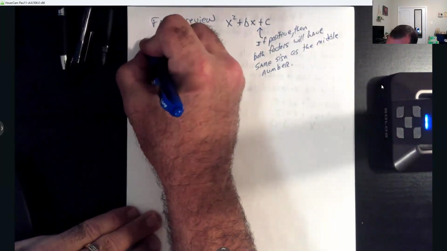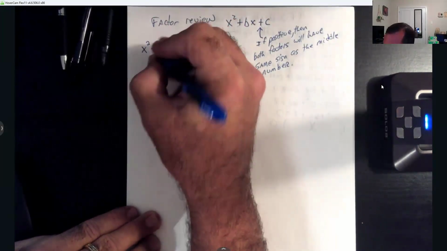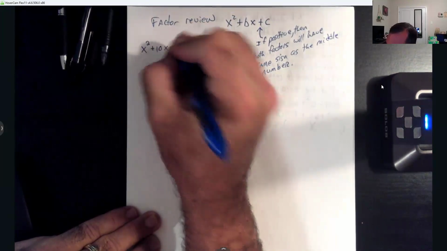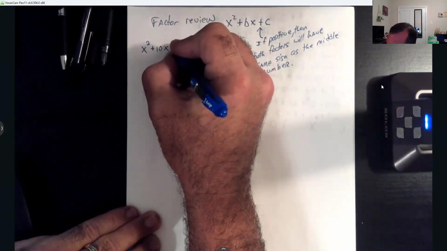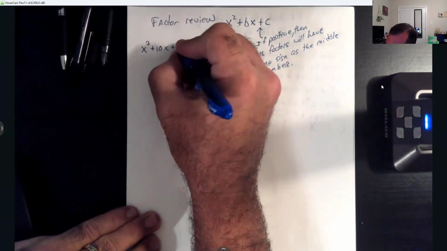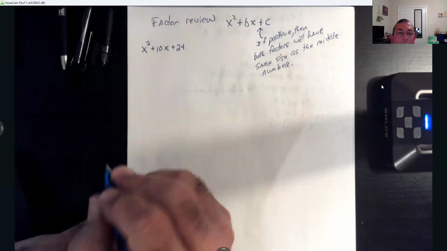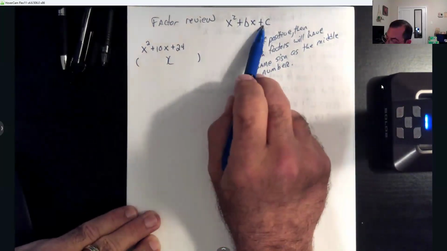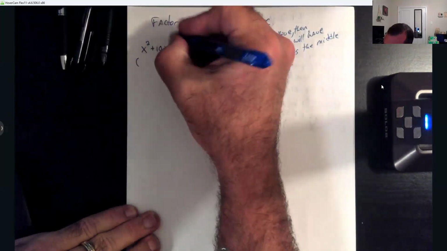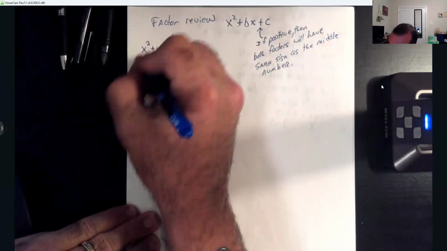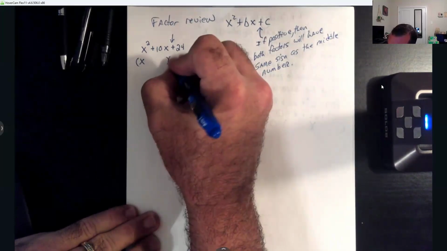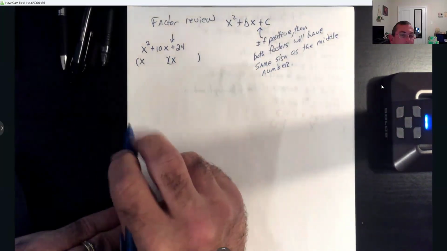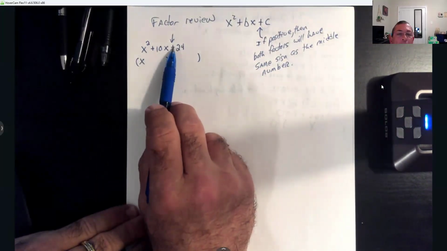What if I had x squared plus 10x plus 24? Well, the last one's positive here, right? That 24 is positive. Now the x squared would be an x and an x. So that 24 is positive.